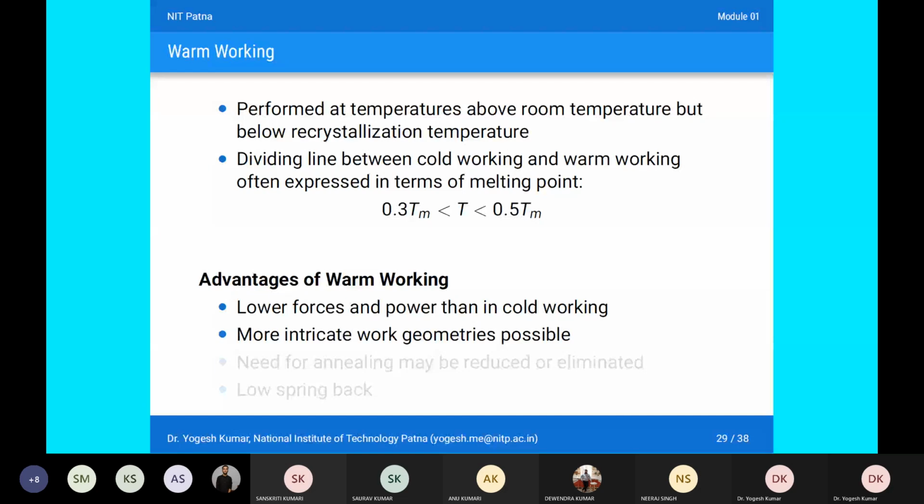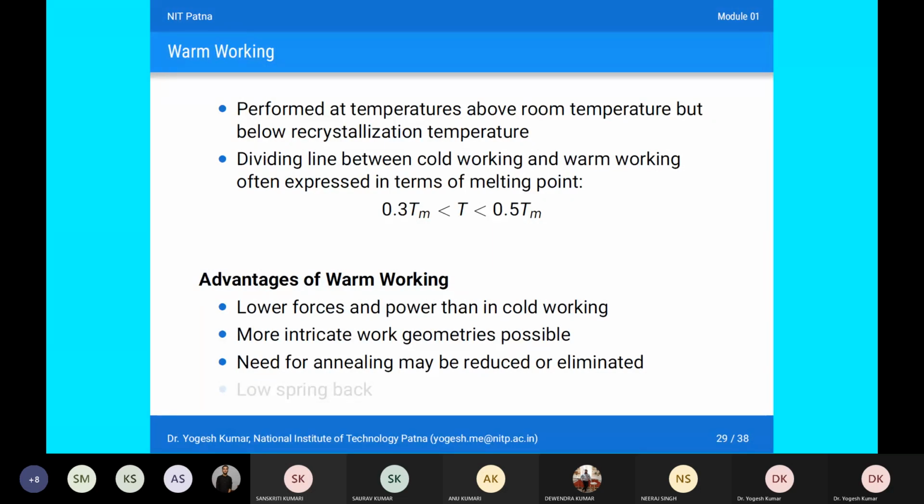Then, because in the previous process, when your material gets hardened due to strain hardening, what we need to do is anneal your semi-finished product, and then further we have to carry out your forming operation, or metal forming operation.